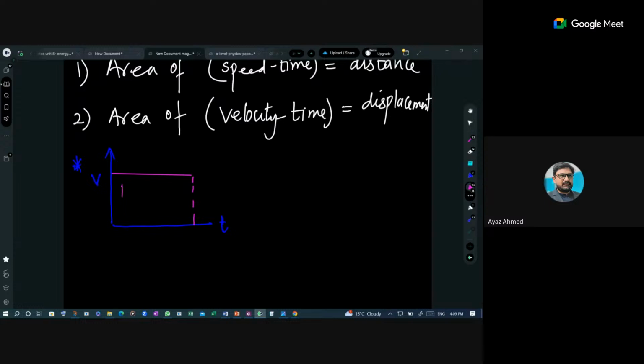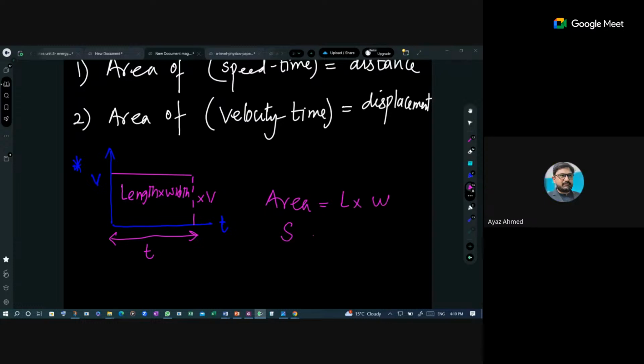Its area is length times height, or length times width. It means its area is time into height, which is what? Speed. Am I right? So its area is base times height.